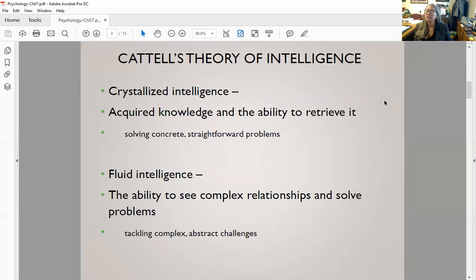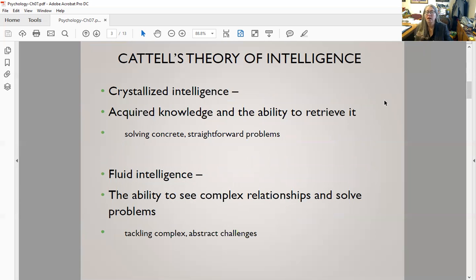Now the next theory we're going to talk about is called Cattell's theory of intelligence. With Cattell, he identified two different kinds of intelligence. One he called crystallized intelligence. This is how good you are at acquiring knowledge and being able to get it in and get it out.